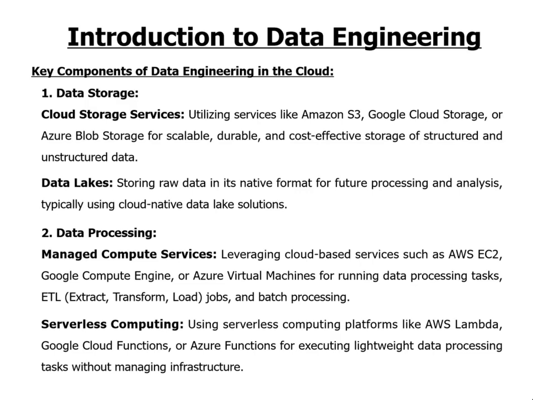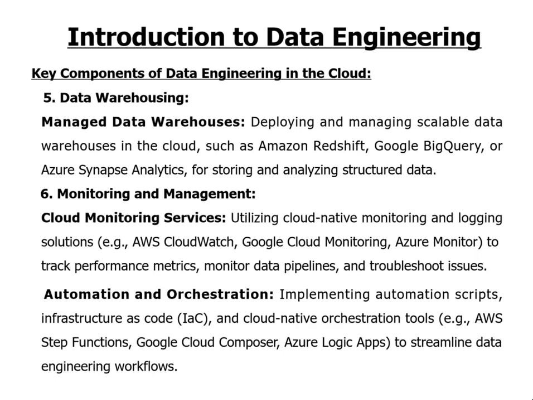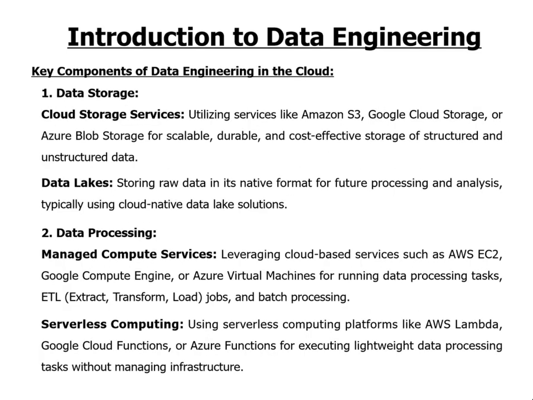Next, we'll see what are the key components involved in data engineering. There are six key components: data storage, data processing, data integration, data governance, data warehouse, and monitoring of data. First, we will see what is data storage. We need to collect the data from different sources.